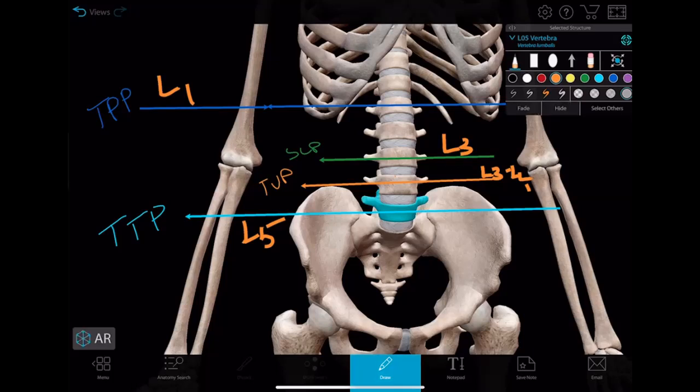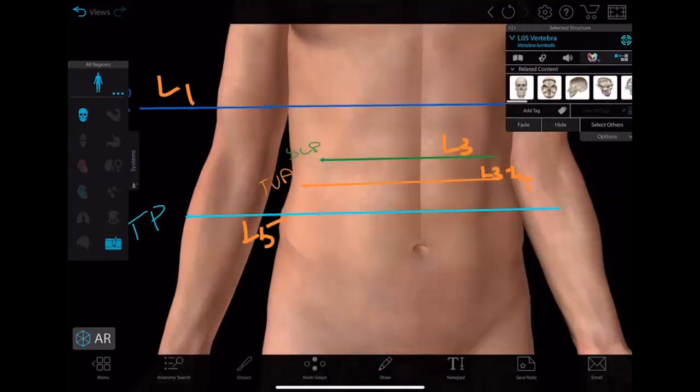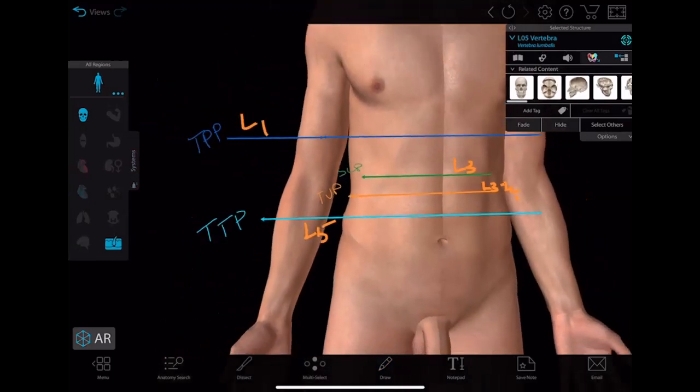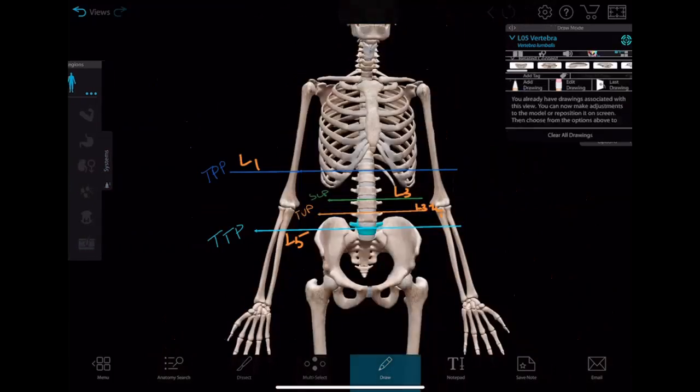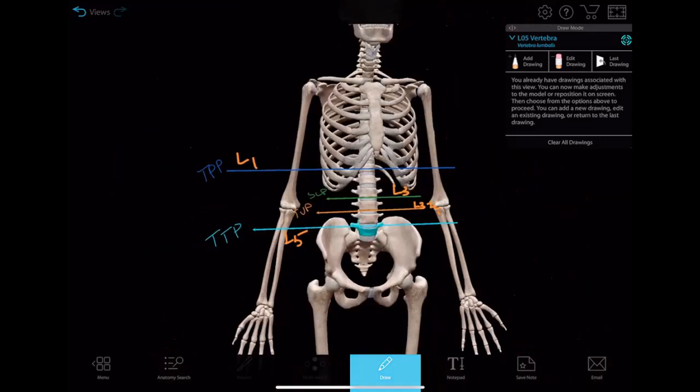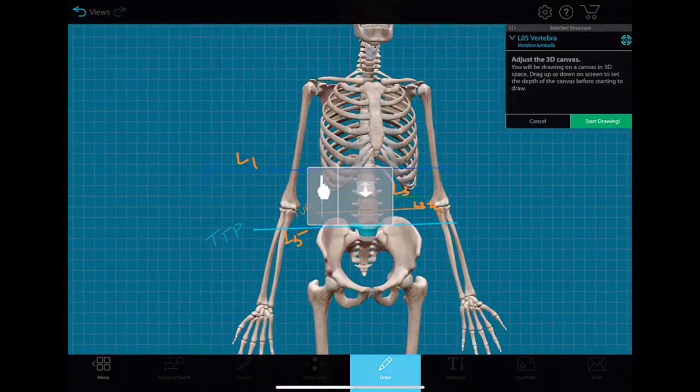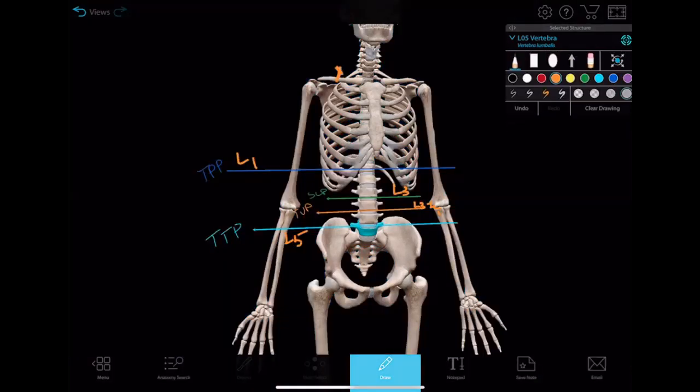And also, this is clavicle, right? This is the clavicle midpoint, right? From midpoint to the anterior superior iliac spine, right?